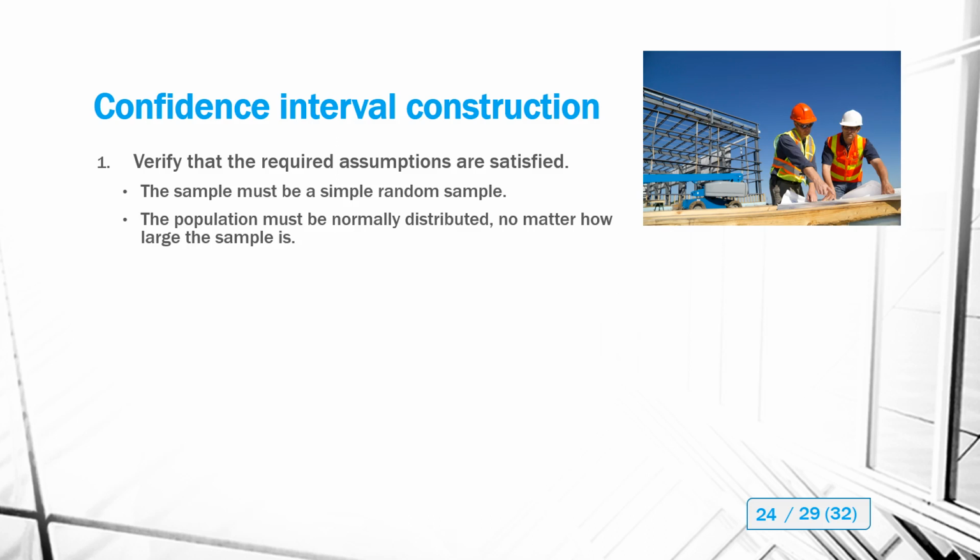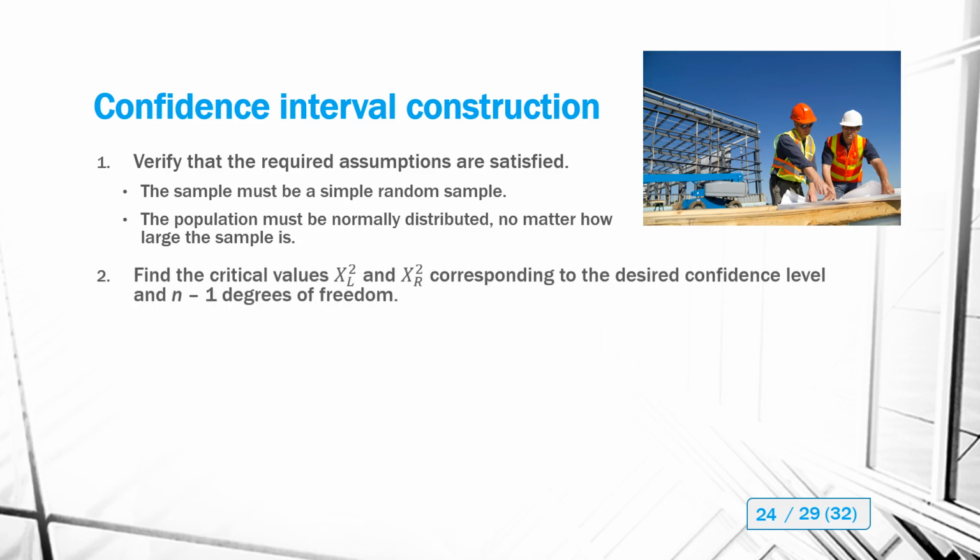Now, as you increase the sample size and the degrees of freedom, the chi-square distribution will approximate a normal distribution, but in many instances, you're not going to have that. So the central limit theorem that we were using before to say if it's not normal, we can get away with using the normal approximation, that doesn't work here. So you've only got these two assumptions. The sample must be a simple random sample, and the population must be normally distributed.